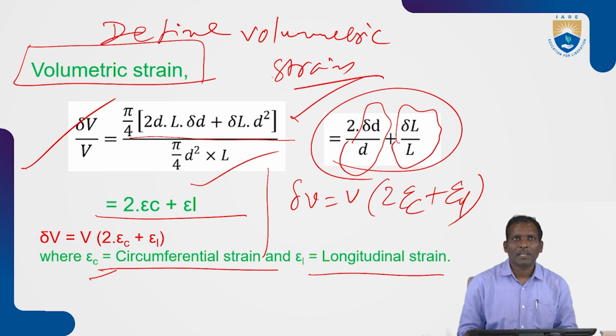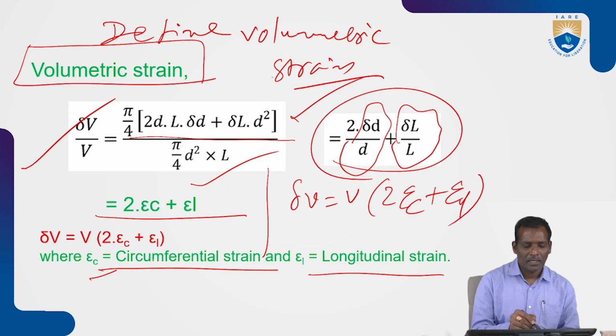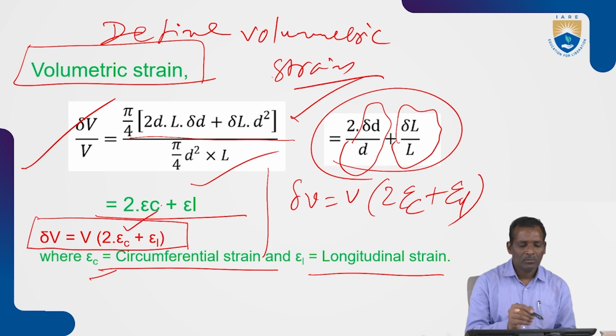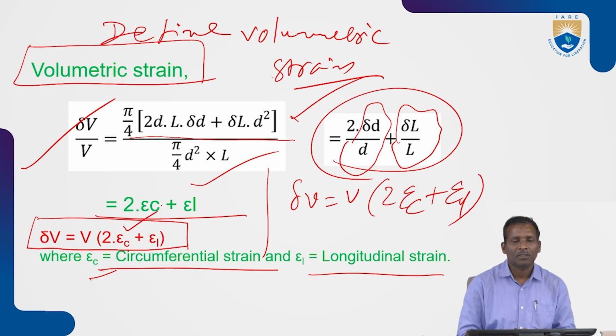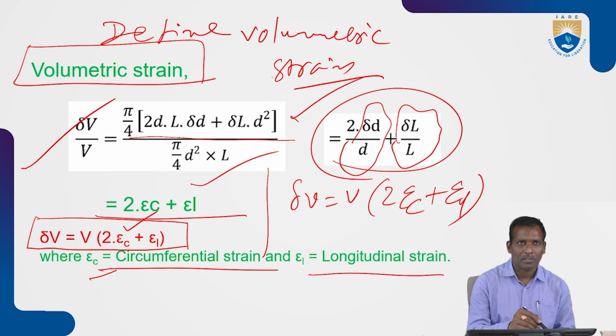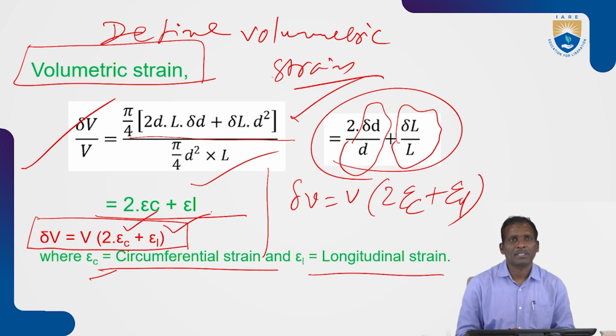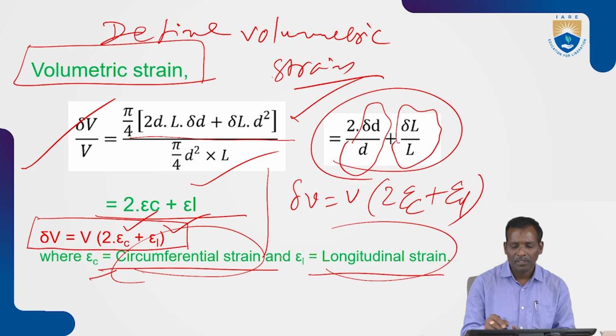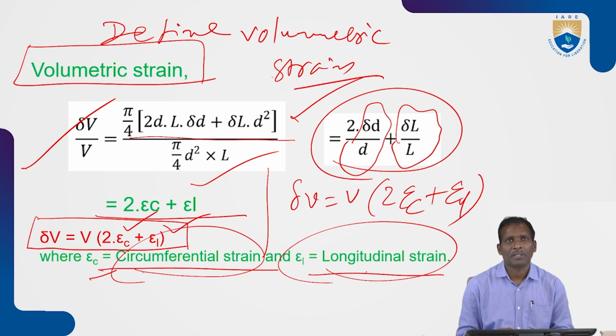Finally, the relation between delta V by V and the strains: you must write that the change in volume is equal to the original volume multiplied with 2 times circumferential strain plus longitudinal strain. The circumferential strain and longitudinal strain we have already written in equations.